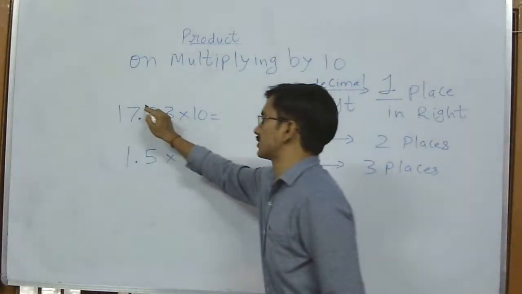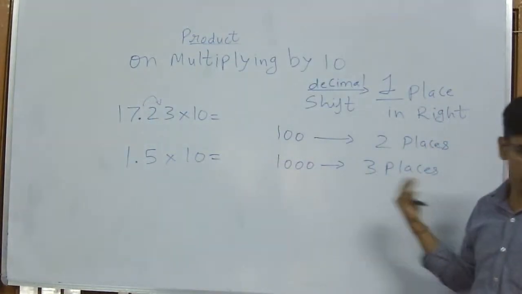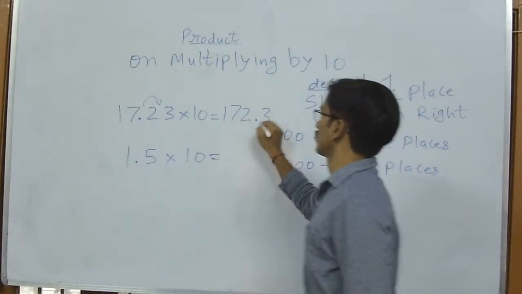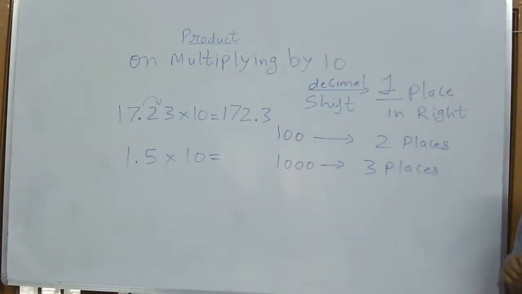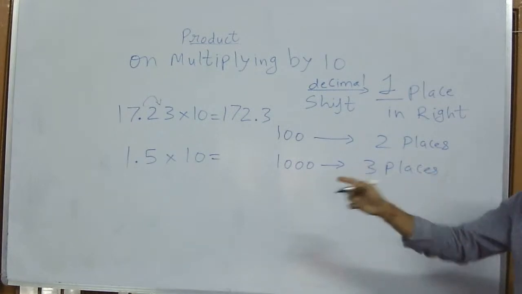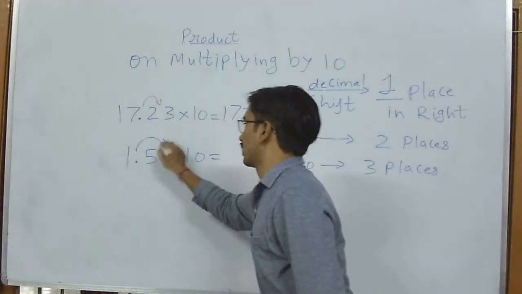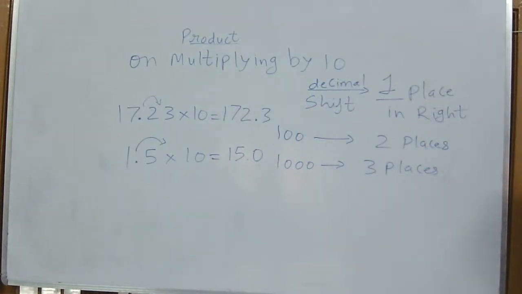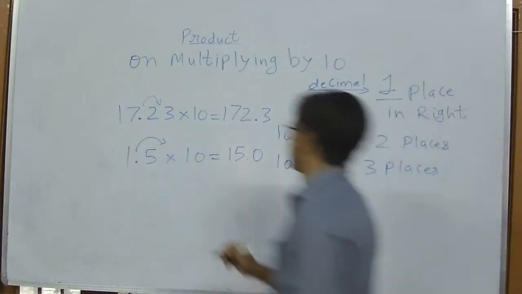Just jump one place towards right: 172.3. Yes, very good. 1.5, one place jump towards right: 15.0.